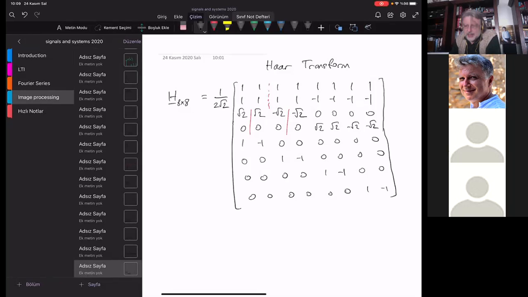Well, the problem is again in terms of norms, because if I put 1 and minus 1 with a coefficient multiplication of 1 over 2 square root of 2, the norm will not be 1. And to make it 1, I'm not going to use 1 and minus 1 here. I'm going to use 2 and minus 2.